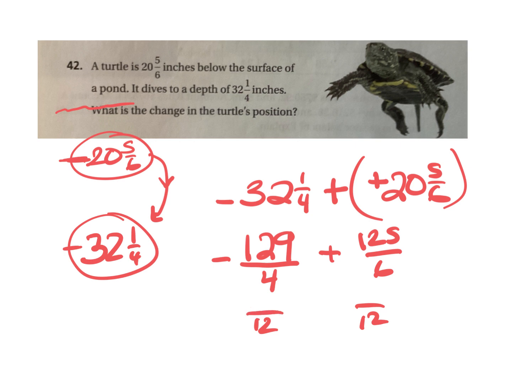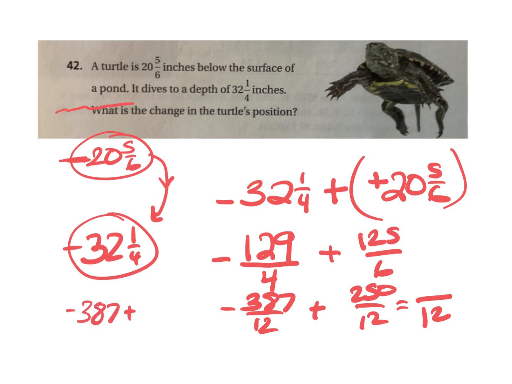That times 3 would be a negative 387 plus that times 2 is 250. So I know it's going to be 12 on the bottom. And now I just take this negative 387 plus 250. And they're opposite, so it gets me a negative.